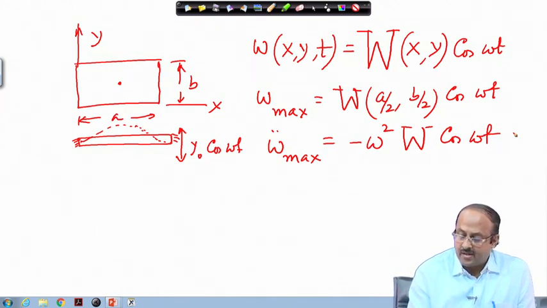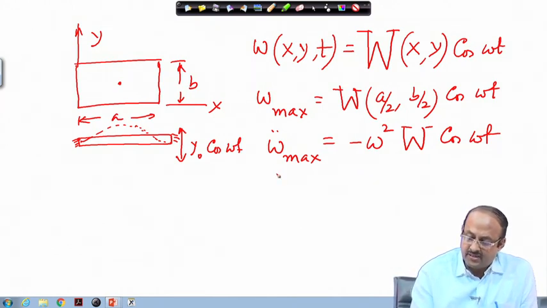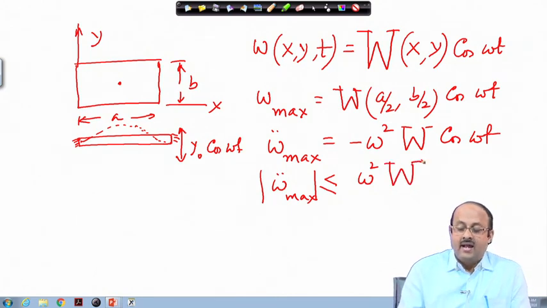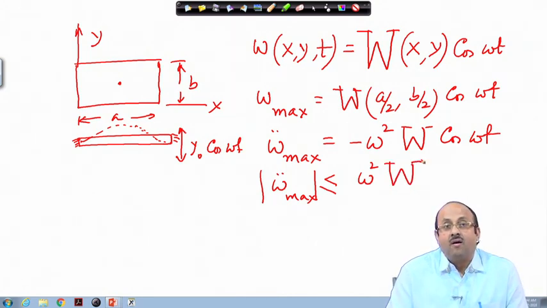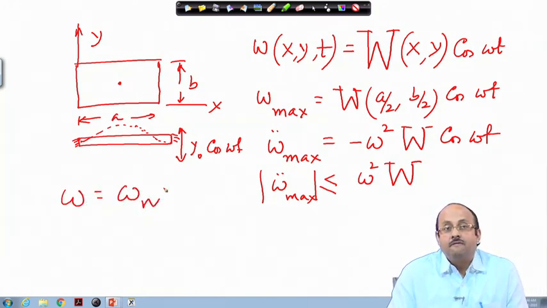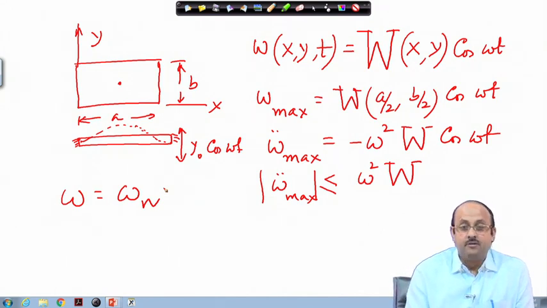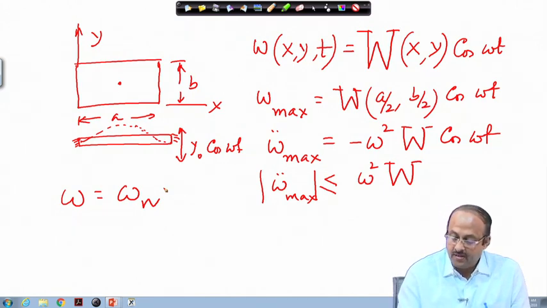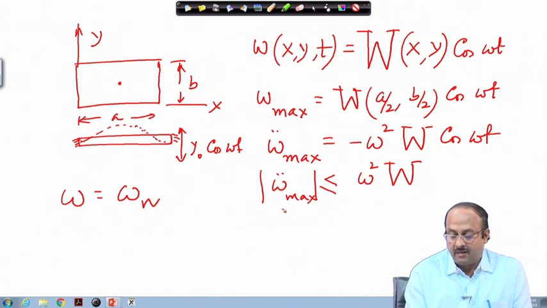Then, the maximum of this is less than or equal to omega square W, and the most critical situation occurs when omega is equal to the natural frequency of that particular mode. Then we have seen that the amplitude goes to a very high value unless damping is present.